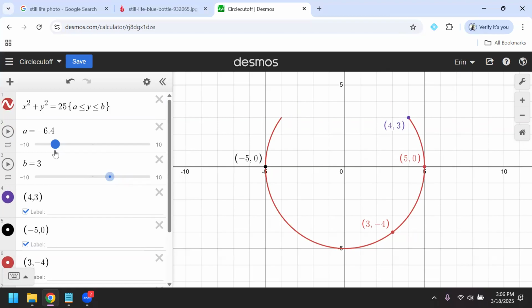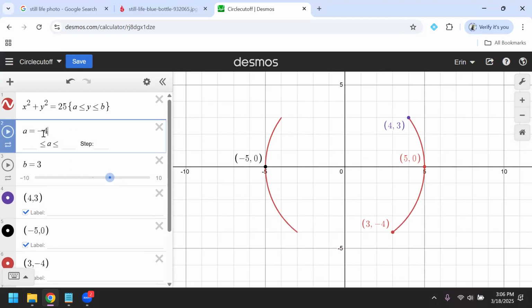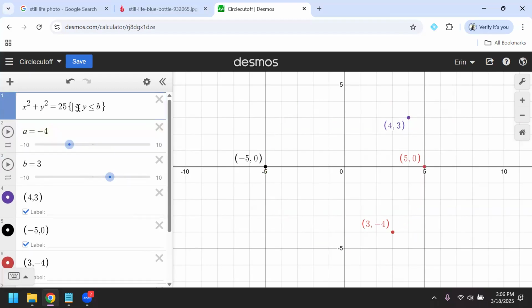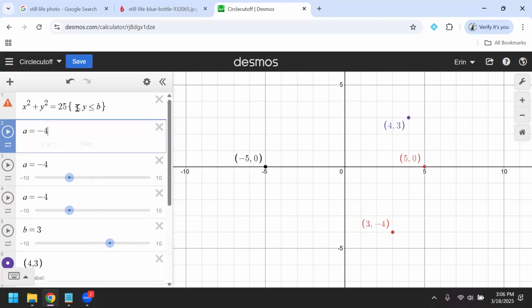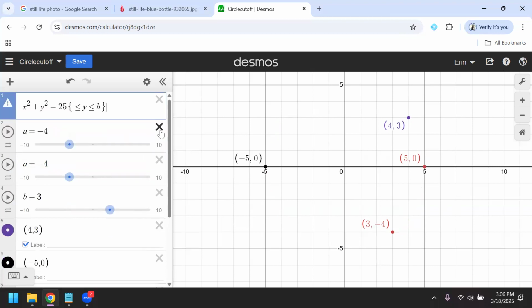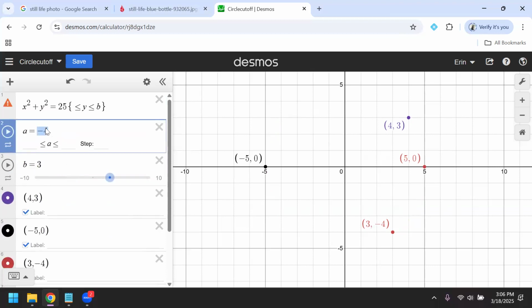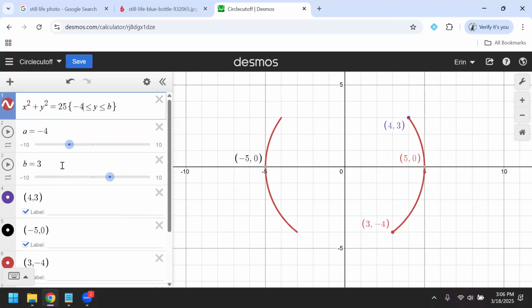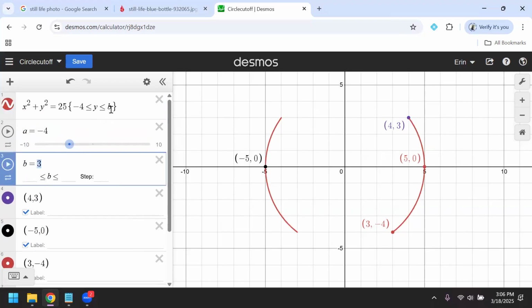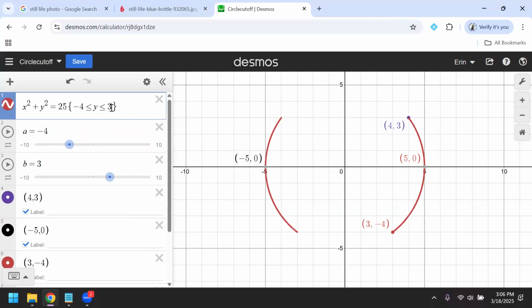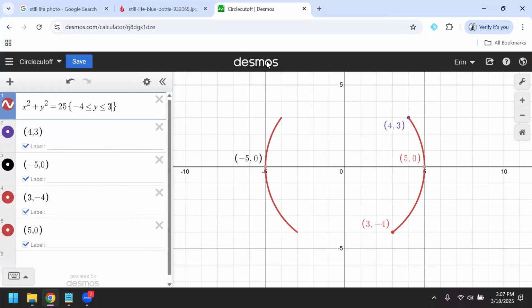Or maybe I want to just go from the bottom red dot to the purple dot. I'll just fiddle with these sliders a little bit, and there we go. So now I know that negative 4 is A, and B is 3. And I can reuse these sliders for later, but even if they go away, my image stays as is.